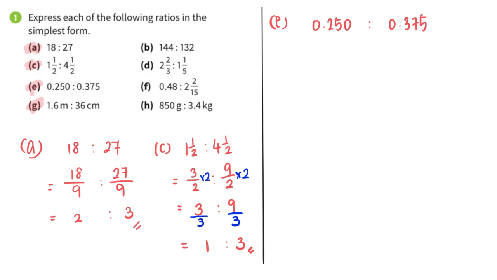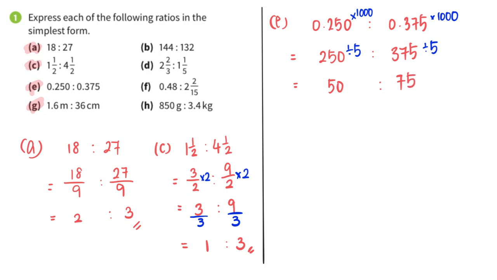For this, we could actually make them non-decimal, meaning I'm going to times 1000 on both sides. 250 is to 375, and I could then slowly divide by 5, so that it will be 50 is to 75.